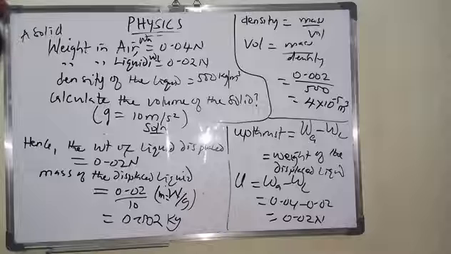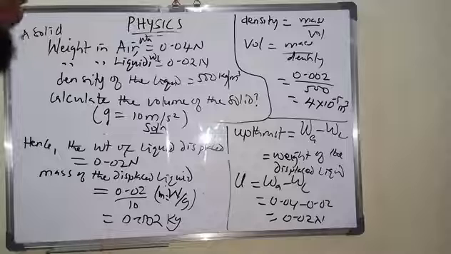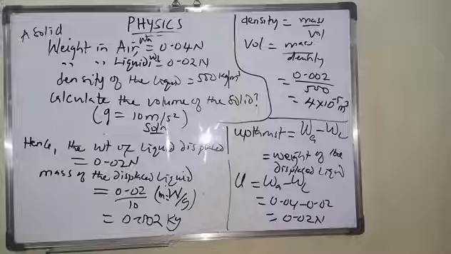One of the methods is the use of the Eureka can, where you immerse the solid, then it definitely will push up some volume of the liquid. So this volume is collected and weighed, and that weight is taken as that of the solid.